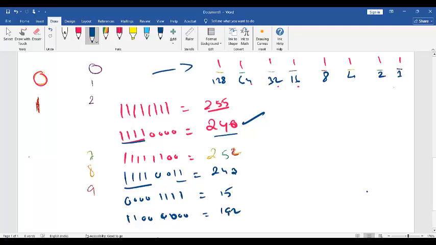it is 192. 128 plus 64 is 192. If these 3 are on, 224. I always remember this, so for me it becomes easy. And if these 5 are on, it is 248.